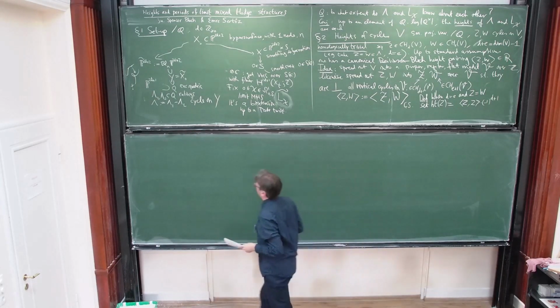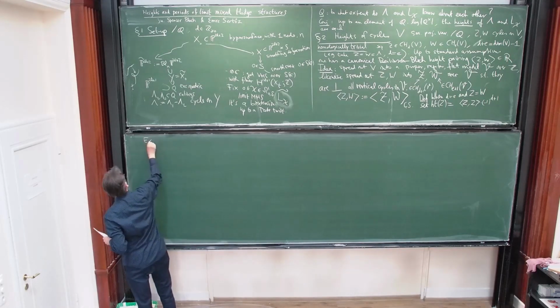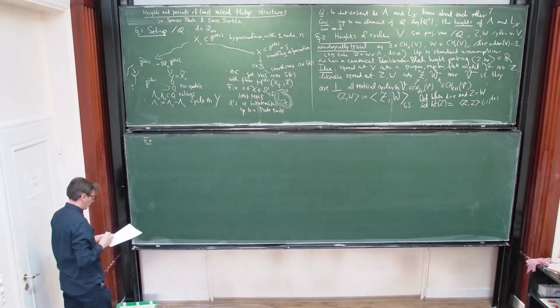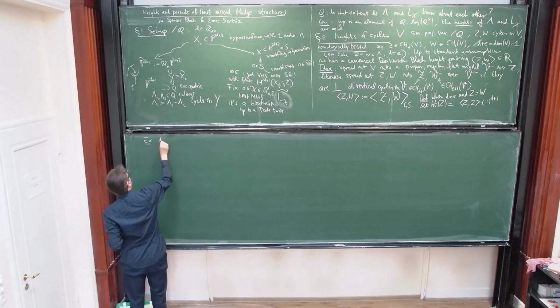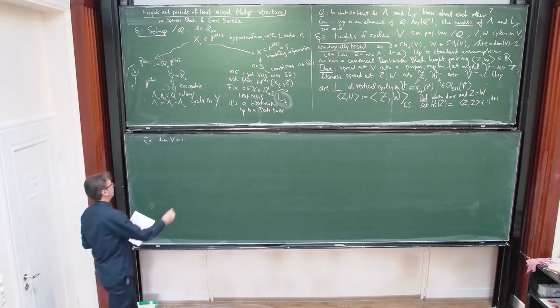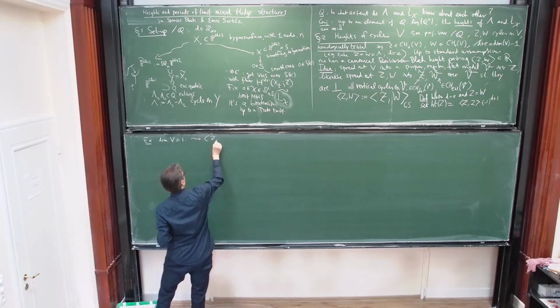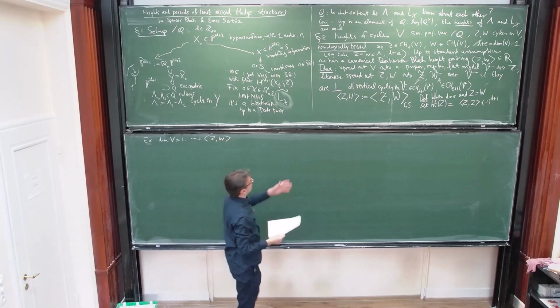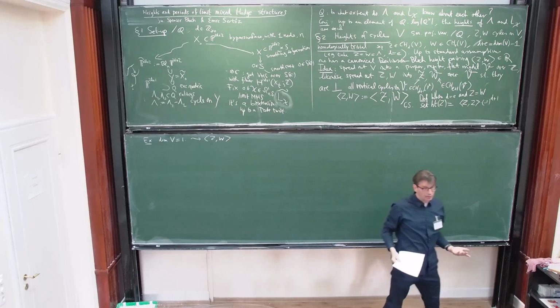And an example which is important also later for us in the theorem is the case that dim V is actually equal to 1. And then all this works. And so remember, Z and W being homologically trivial just means that they are degree 0 divisors.